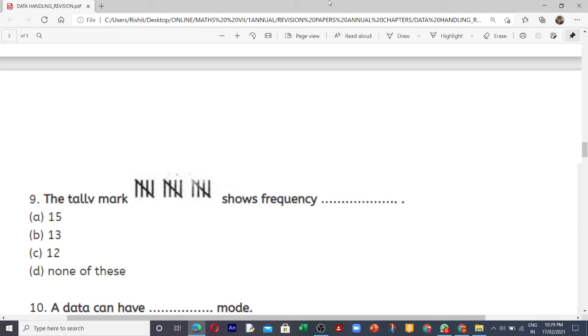This tally mark shows how much frequency a particular observation has. Come on, write down in the chat box. If you are not writing, please write down.